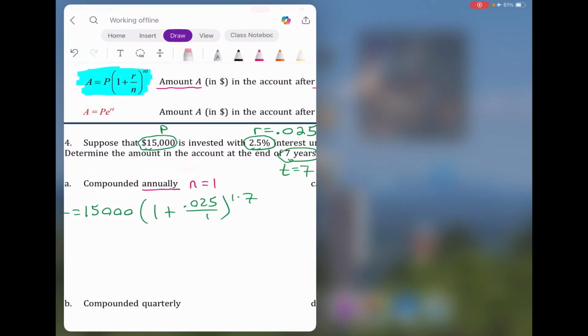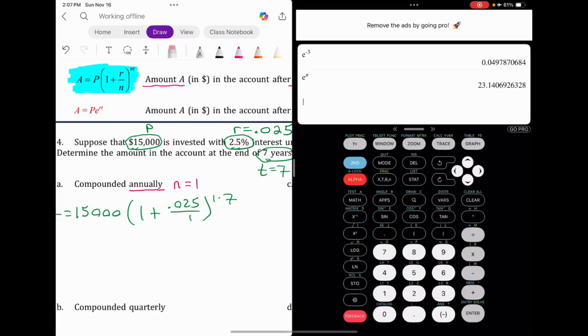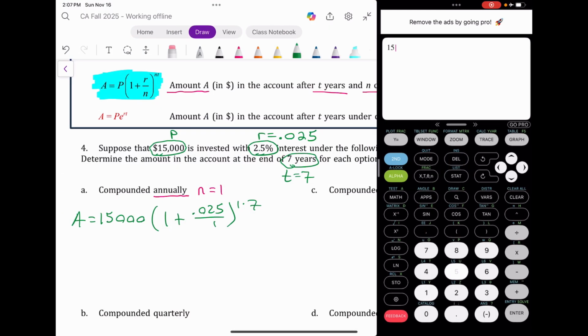And you can just plug this all in the calculator all at once. All right, so typically with money problems, we round to the nearest penny.